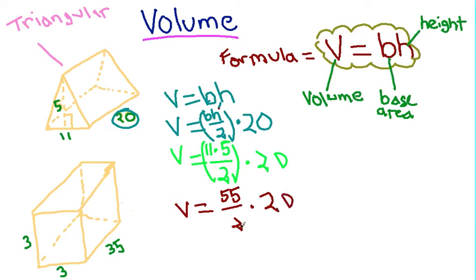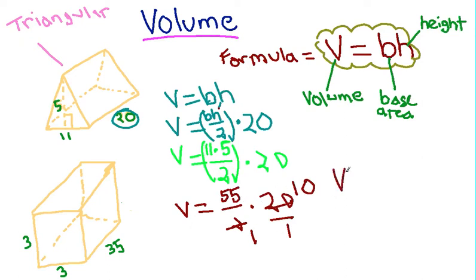And we can cancel this 2 and the 20 out, because 20 divided by 2 is 10. So it will be 55 times 10 over 1. And 55 times 10 is equal to 550.